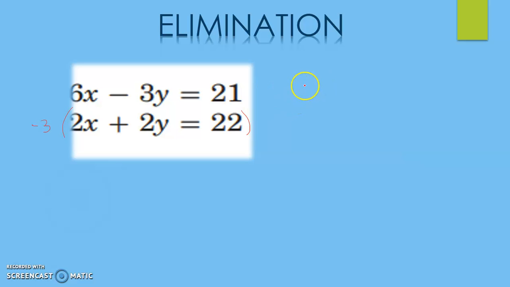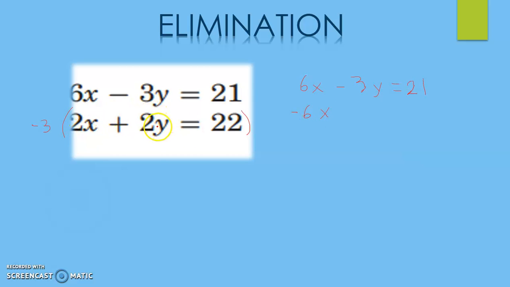I'm going to rewrite them over here. So I'm rewriting these equations. This is the first equation, which stays the same. But the second equation, negative 3 times 2, that's going to give us a negative 6x.